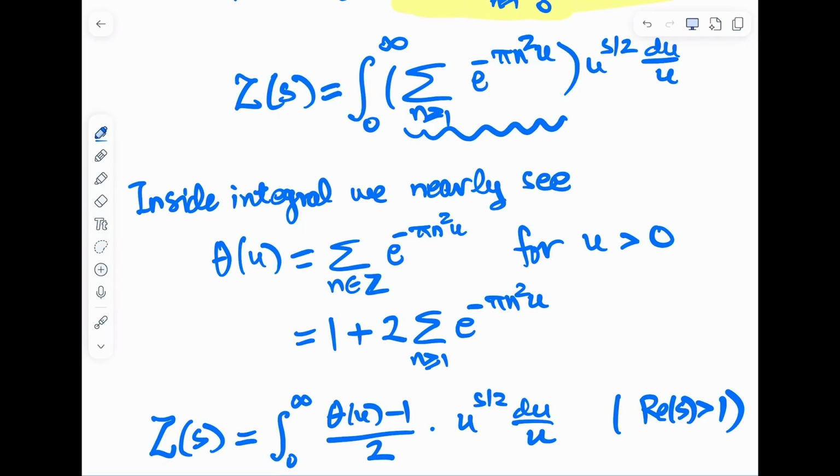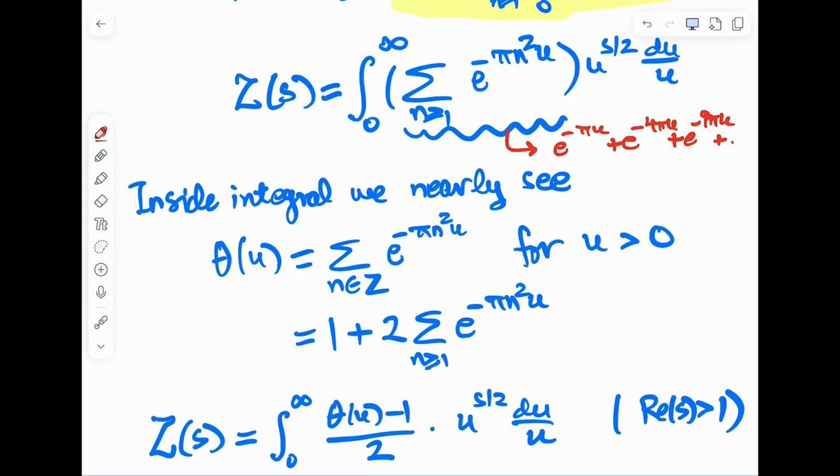No? All right. So where is there a problem? If you look at this series, the first term is e to the minus pi u, then it's e to the minus 4 pi u, then e to the minus 9 pi u, and so on.